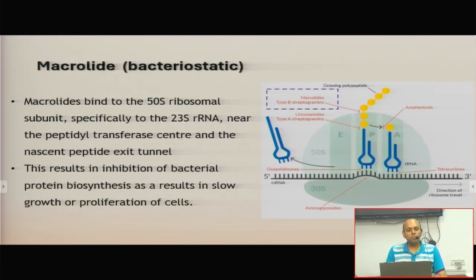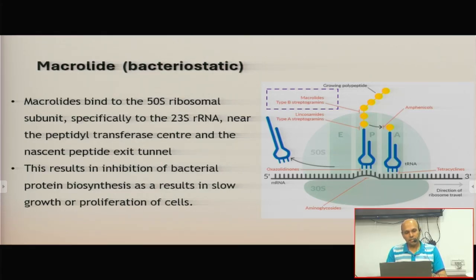Then we have got macrolides, right? Macrolide is a bacteriostatic antibiotic, and macrolides bind to the 50S ribosomal subunit, specifically to the 23S rRNA near the peptidyl transferase center and the nascent peptide exit tunnel.